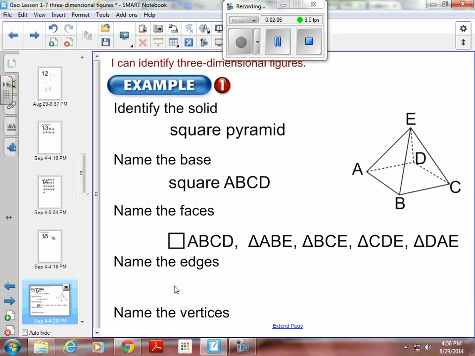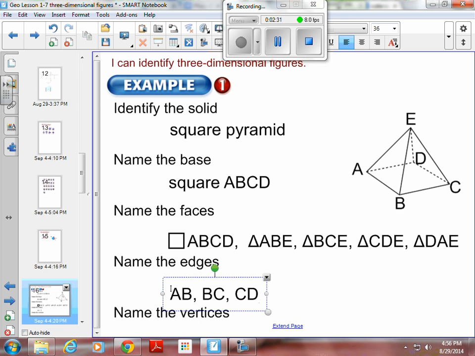Name the edges. Remember, edges are these lines, so we've got a line AB, BC, CD, DA. But then we also have edges that come up, so we're going to have AE, BE, CE, and DE. So let me get those all listed in here. So you've got AB, and then you've got BC, and then you go around, you get CD, and then D goes back to A, and then we've got to start and go up.